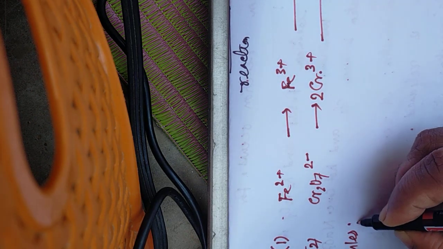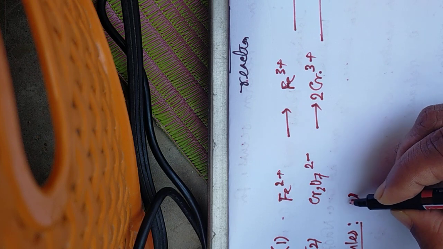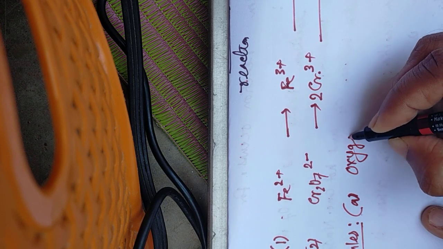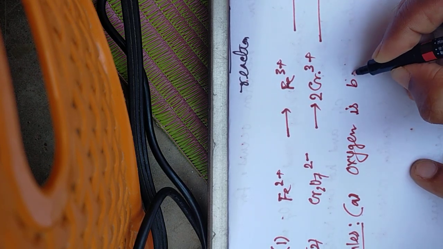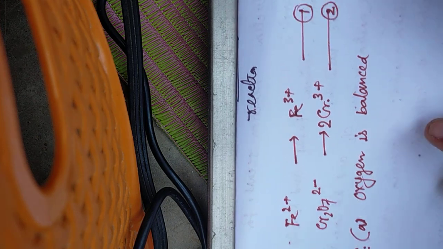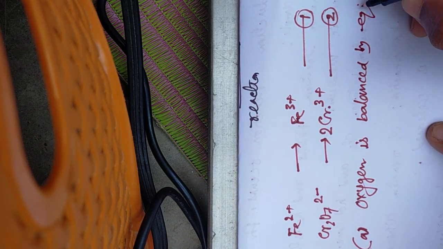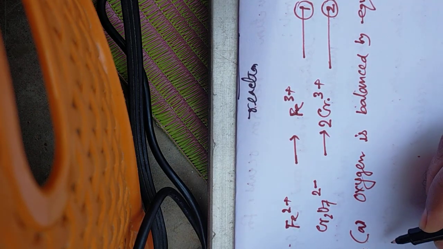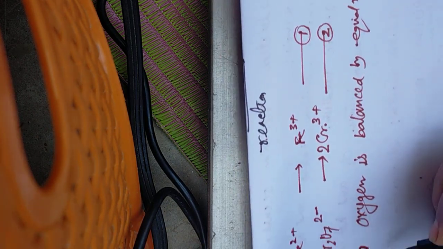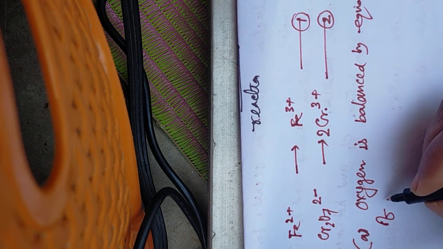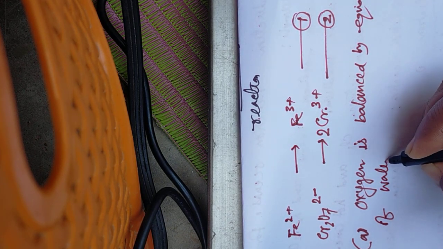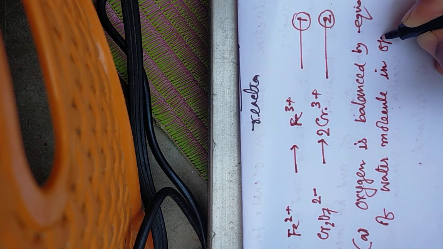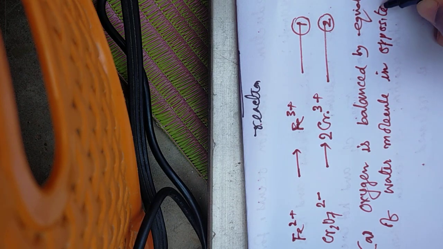First rule, rule A: oxygen is balanced by an equal number of water molecules on the opposite side.